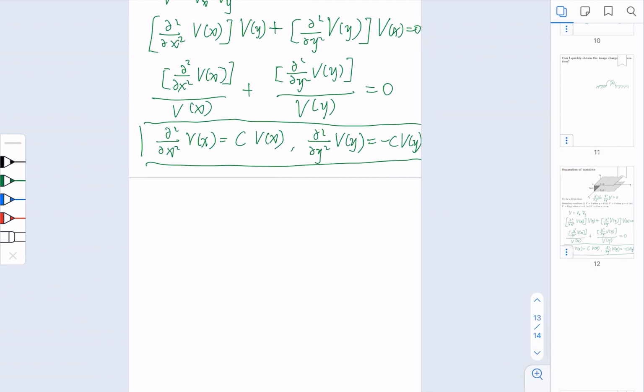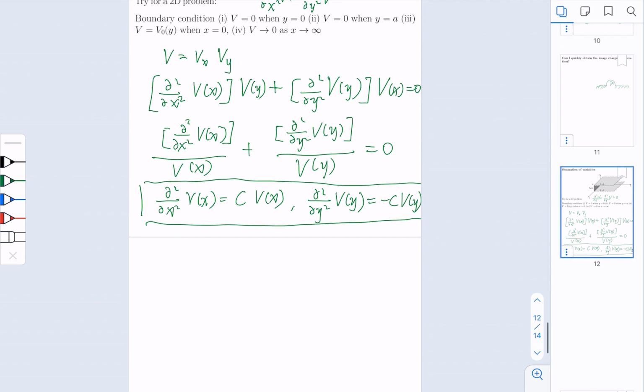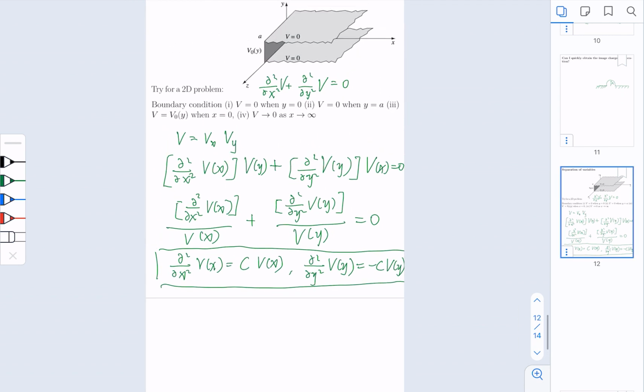Now we can try to solve this problem. Right now we are still not sure if this c is a positive or negative number, so say that c is a positive number for now.